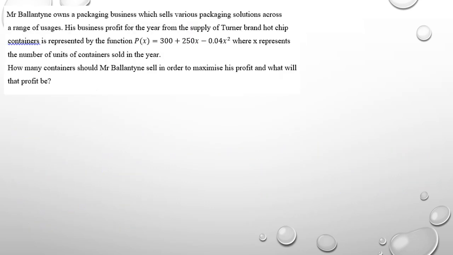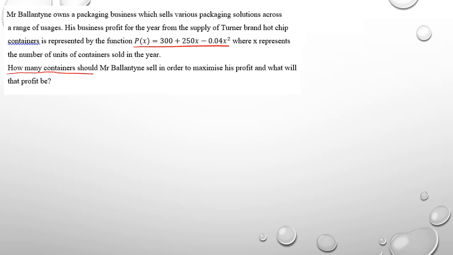Now the next question is you've been given a function for the profit, so that's the profit function here, where x represents the number of units that container sold. It says how many containers should be sold to maximize the profit.